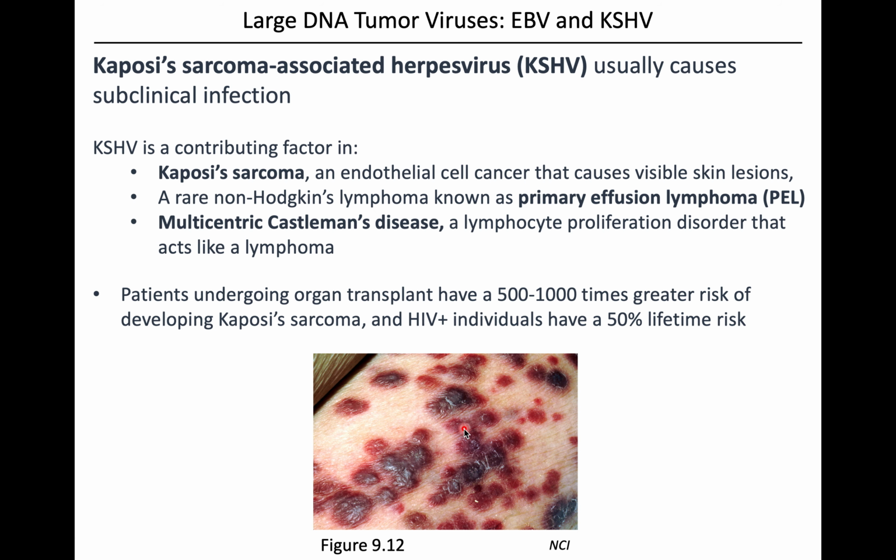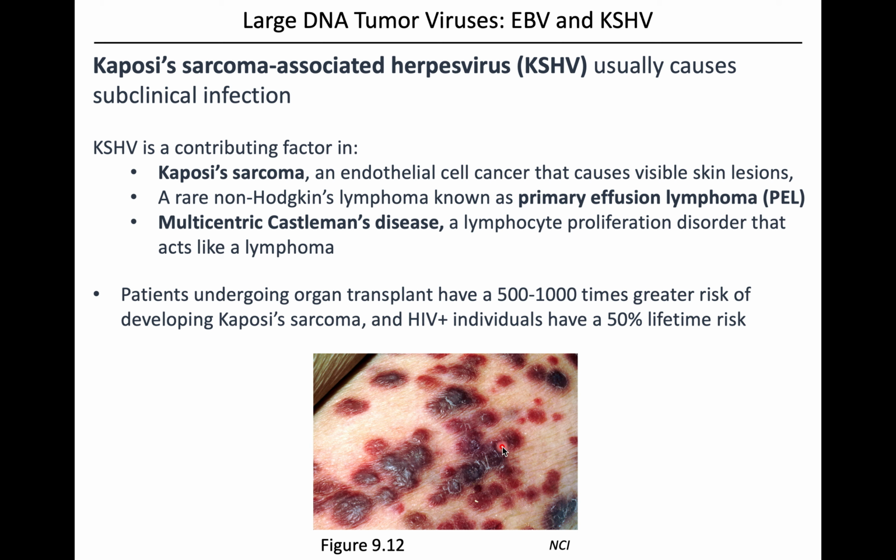We see something similar in Kaposi sarcoma virus, another herpes virus. In most individuals, it causes subclinical infection, meaning no symptoms. But it first came on the radar during the AIDS epidemic. It was seen that HIV-positive individuals progressing to AIDS, to immunodeficiency, were developing this rare skin cancer, Kaposi sarcoma, associated with this particular virus.